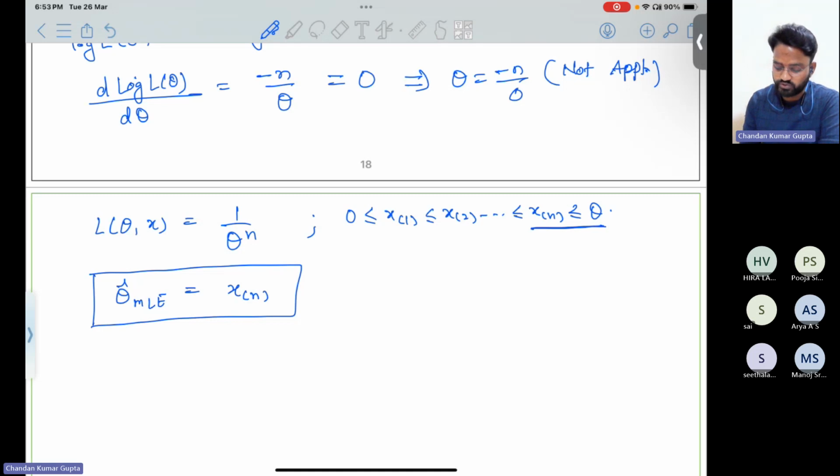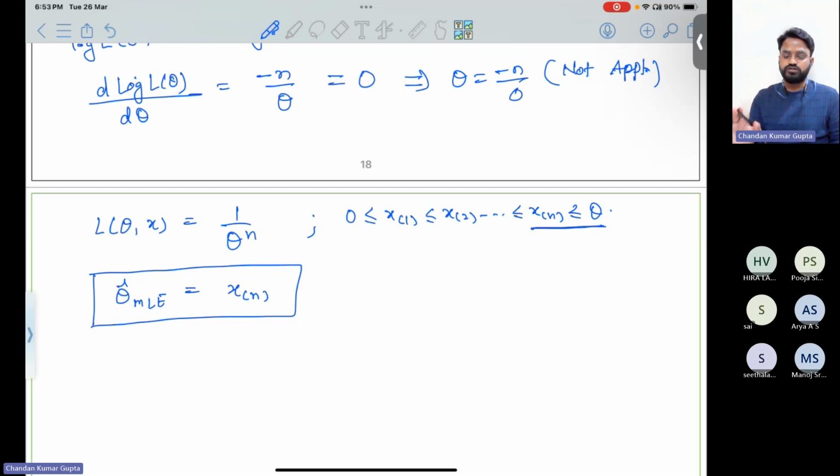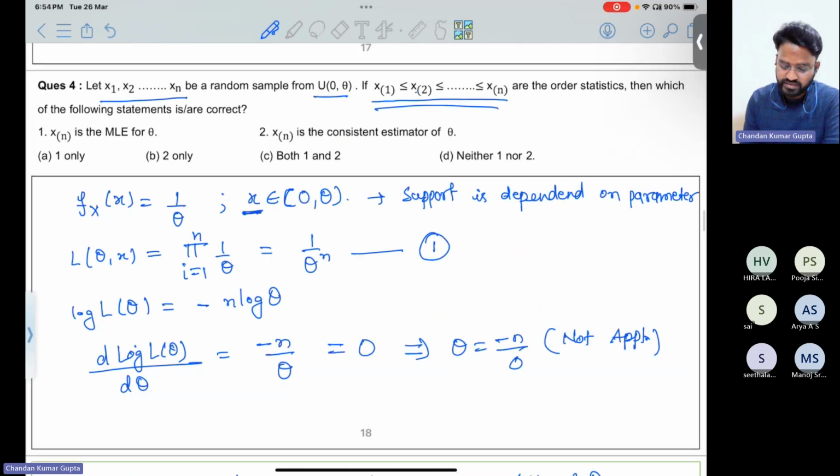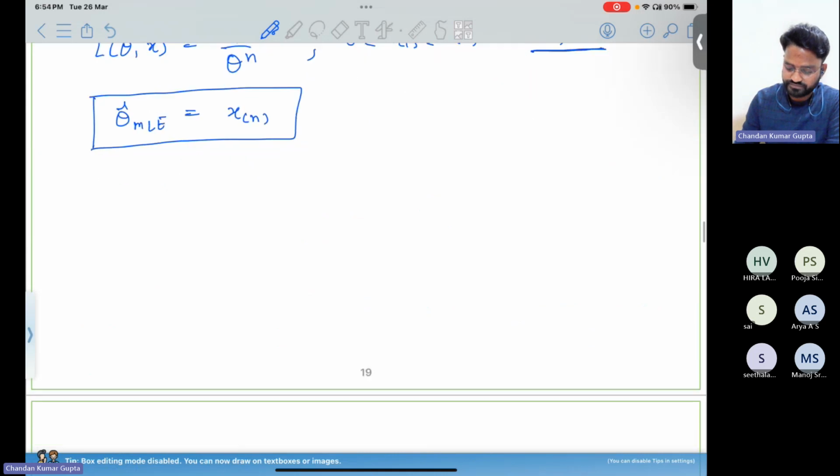So from here, we conclude that the MLE of theta is xn, the supremum value of the random sample. So this is our maximum likelihood estimate. That means our first statement, xn is the MLE of theta, is correct. Now the second: again, xn is the consistent estimator of theta.